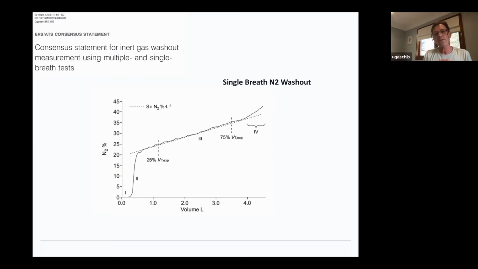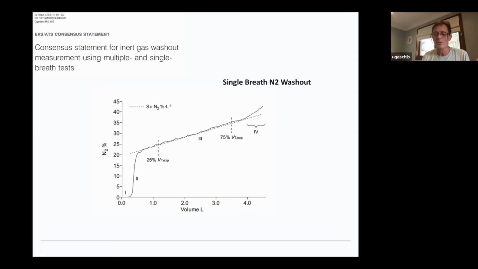Now, the slope of this curve is telling us how homogeneous the acinar space, or the diffusion, is delivering the sulfur hexafluoride into the conducting airways. So the flatter the curve is, the more homogeneous all these acinar spaces are emptying out into the conducting airways. The steeper this curve, the more inhomogeneous the contribution of diffusion is during a single exhalation. Okay, does that make sense?